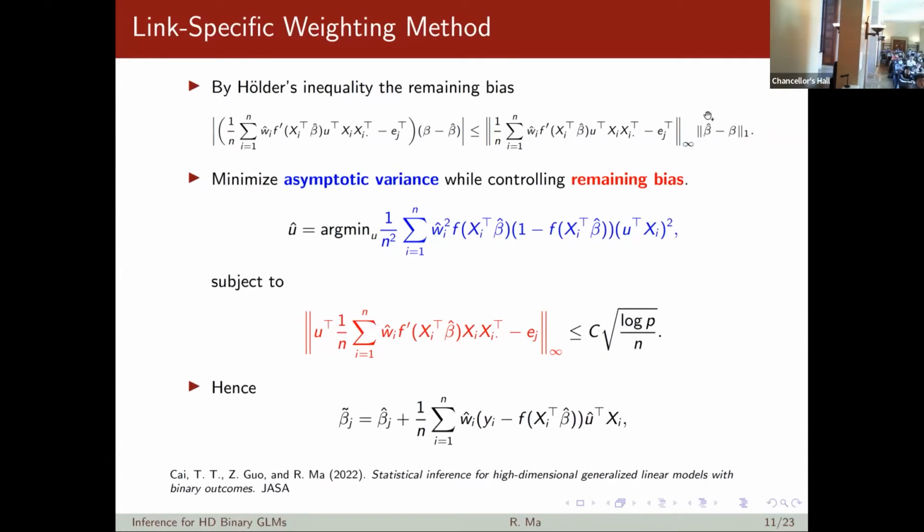We know that the L1 norm of the lasso estimator can be well controlled, so it is sufficient to control the remaining bias, the red term. By plugging in this u hat and W hat, we have the final closed-form representation of the debiased estimator, which can be computed relatively efficiently given the data.